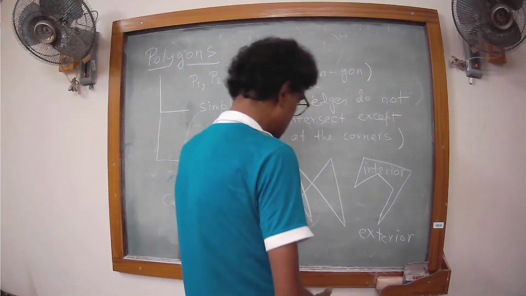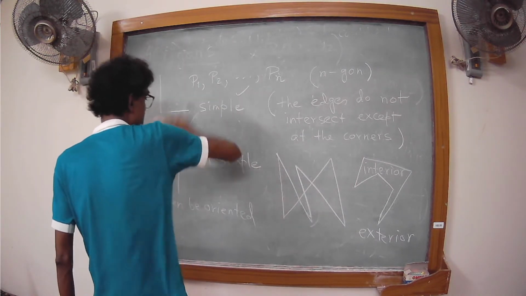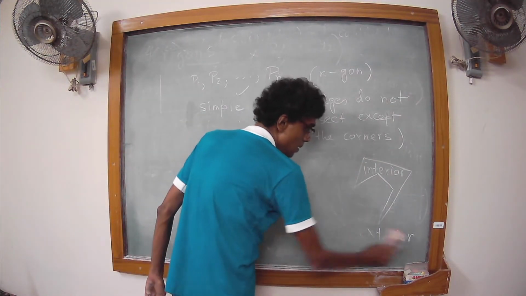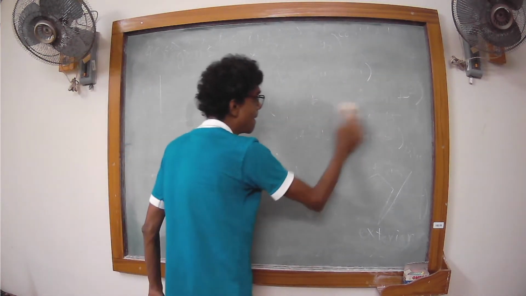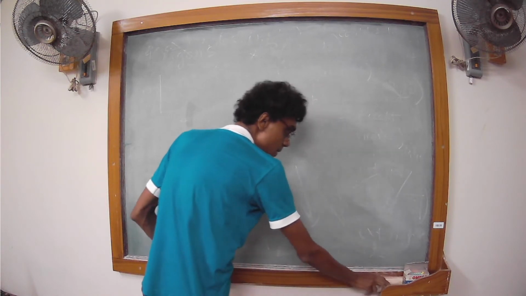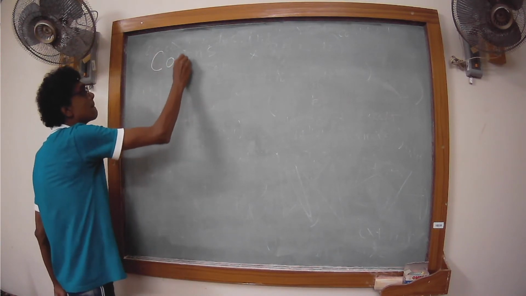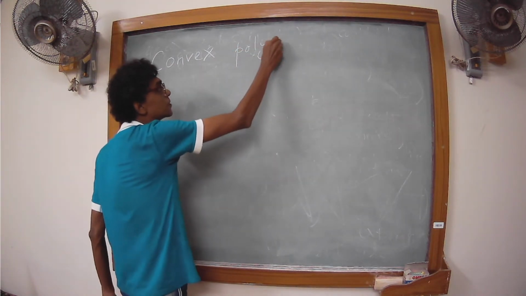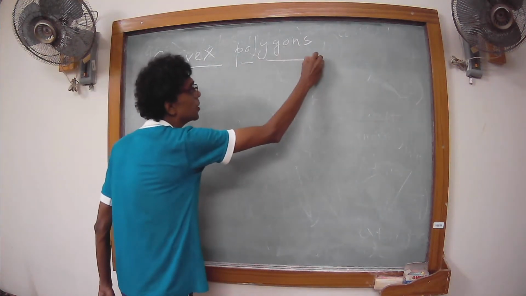The special case of simple polygons is what we will start studying from the next class. Is called convex. Of course, I can also talk about convex regions, but to start with, we will study what is called convex polygons.